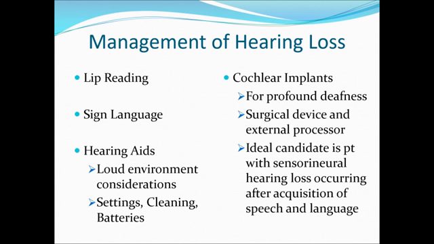The ideal candidate for a cochlear implant is somebody who has sensorineural hearing loss, but experienced that hearing loss after they learned to speak and learned language. If they are born deaf, they can do a cochlear implant. You're just not going to see as good of an outcome long term with their abilities and their ability to function in everyday life.